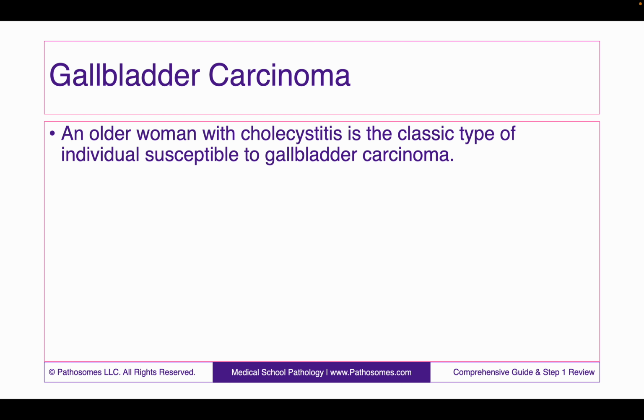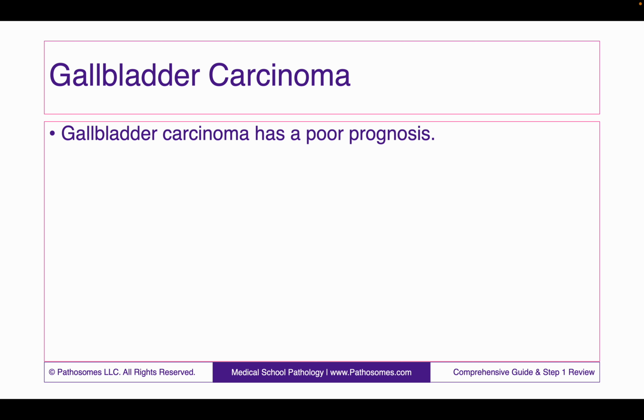An older woman with cholecystitis is the classic type of individual susceptible to gallbladder carcinoma. Unfortunately, gallbladder carcinoma has a poor prognosis.